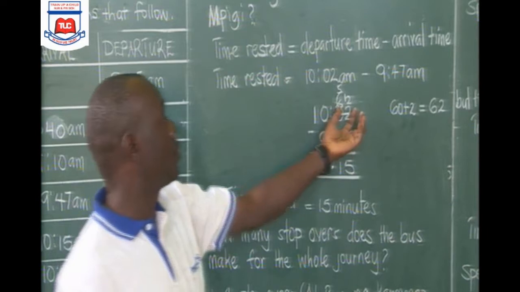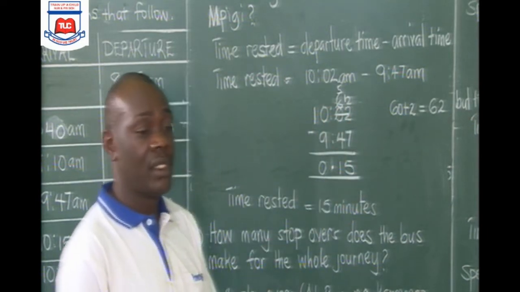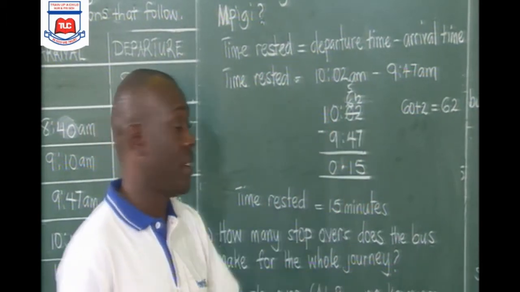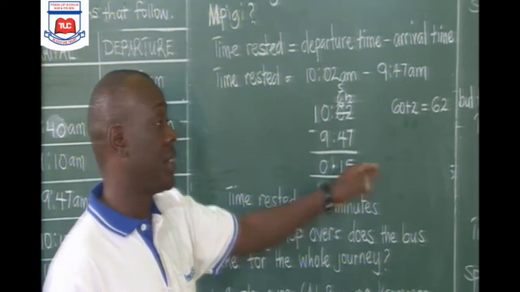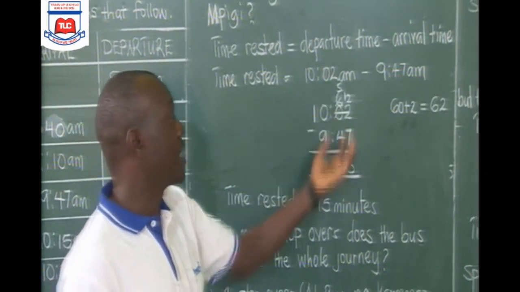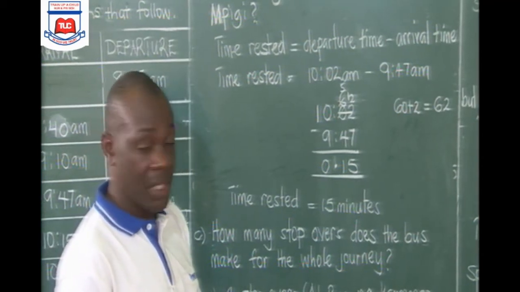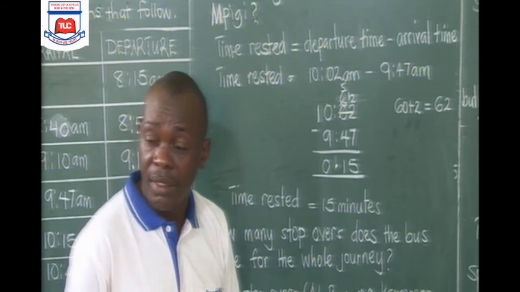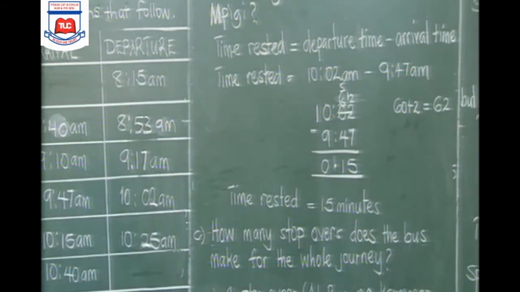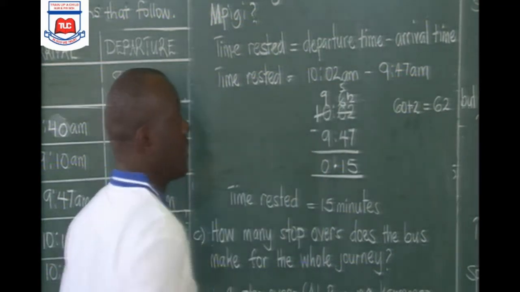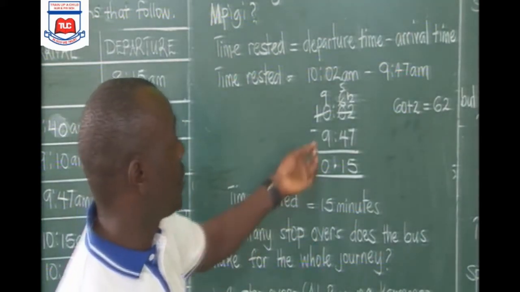So I've got 02 minutes minus 47, which cannot possibly be subtracted as it is. So the 2 minutes must be helped when one borrows. So you borrow 1 hour, and it should be noted that 1 hour is given to 60 minutes.